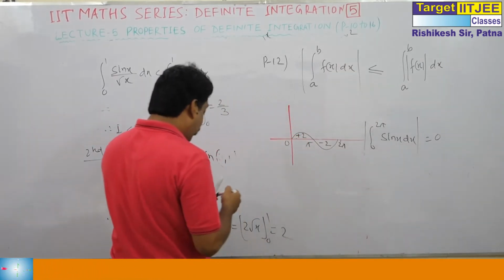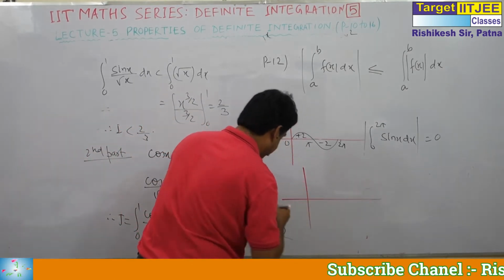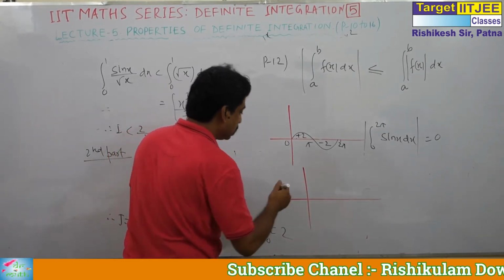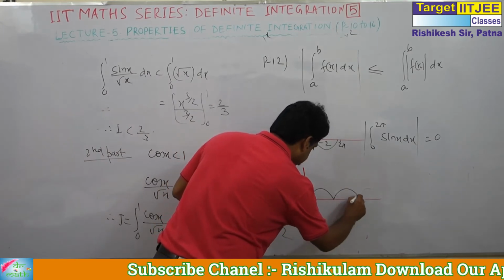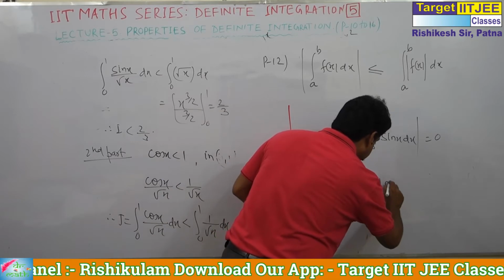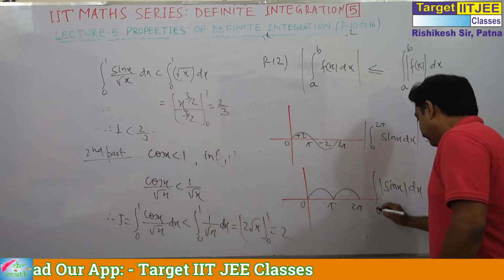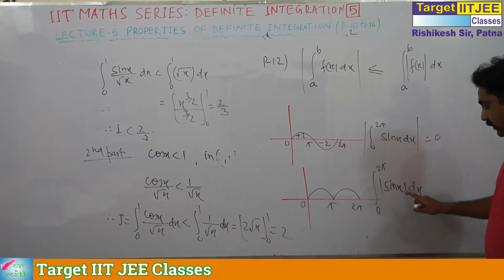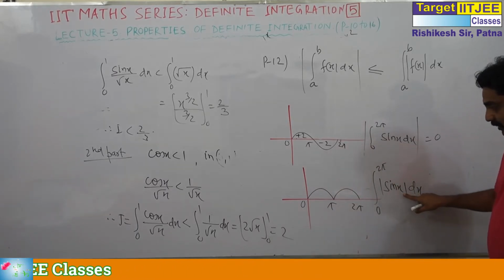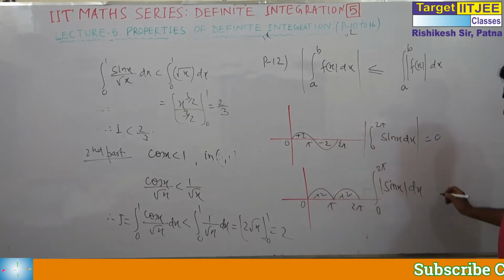But what has been done on the right side? See the right side. Actually this one is modulus of sin x, from 0 to 2 pi. Since modulus is taken first, this is plus 2, this is plus 2. No need of negative value.